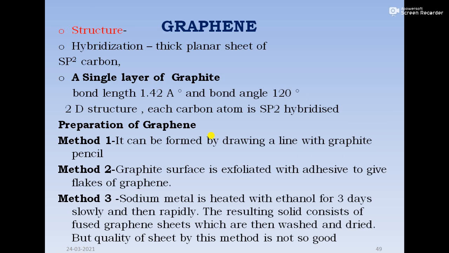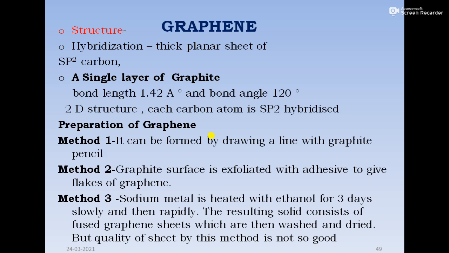Then how can we prepare a graphene sheet? First, it can be formed by drawing a line with a graphite pencil. Just draw a line with a graphite pencil, and that will be the graphene layer. Second, the graphite surface is exfoliated with adhesive to give flakes of graphene.